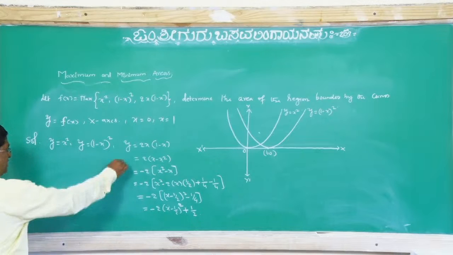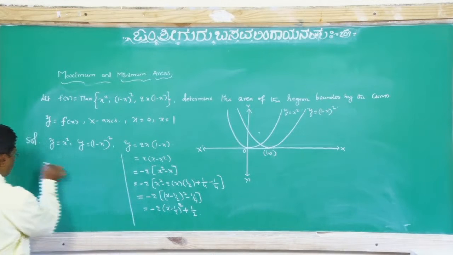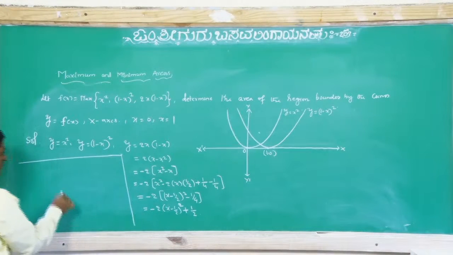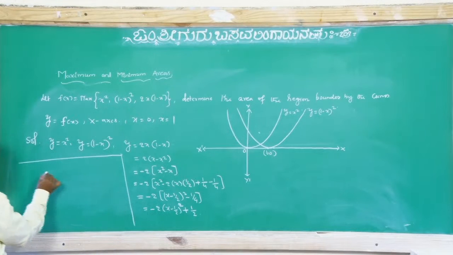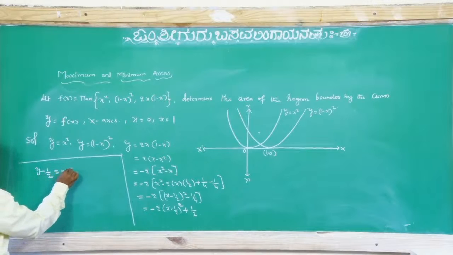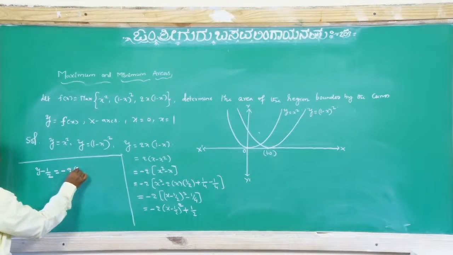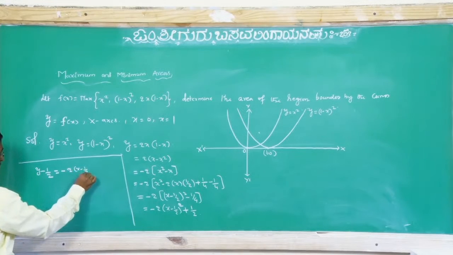This can be written as, now I write here, sending the value to the left hand side, y minus 1 by 2 is equal to minus 2 into (x minus half) whole square.